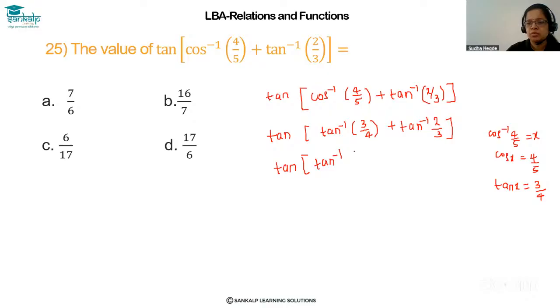So instead of A you have 3 by 4, instead of B you have 2 by 3. So it is tan inverse of 3 by 4 plus 2 by 3 whole divided by 1 minus 3 by 4 into 2 by 3. This 3 cancels, 2, 2.